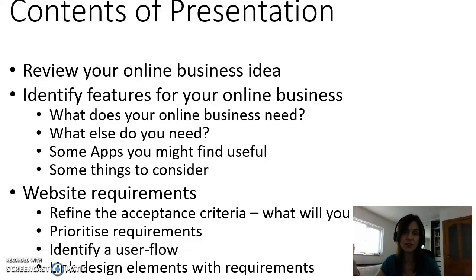Is it their standard wedding photography, or is it the abstract type photography that was talked about later on in the case study? You need to identify a user flow, and you need to link design elements with requirements as well. Now, this sounds like an awful lot. This is not something that's all entirely relevant for the first case study. It will come in for case study 2 and 3 as well.